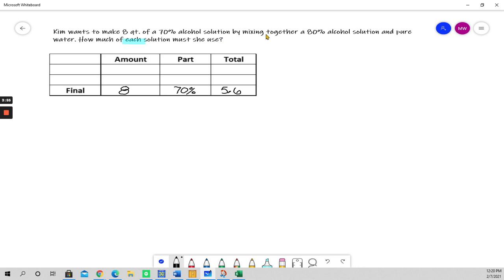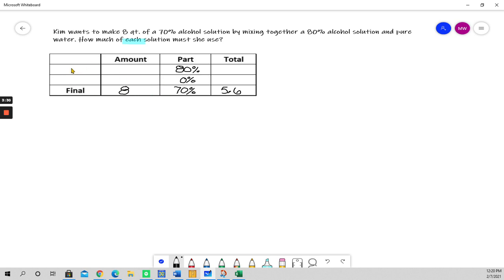Now, she's going to do that by mixing together an 80% alcohol solution, so 80% alcohol, and pure water, which we know is 0%. What we don't know is how much. So we have the 70% alcohol, which is our total.